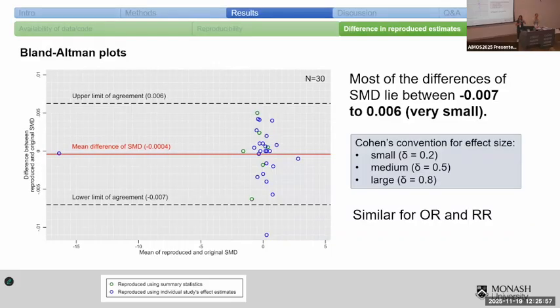Okay, I think, did I say it as different? It is actually the difference in SMD. So on the y-axis you have the SMD of the original meta-analysis and the SMD of the reproduced meta-analysis. We find the difference between the two of them, and we plot that difference against the mean of these two.